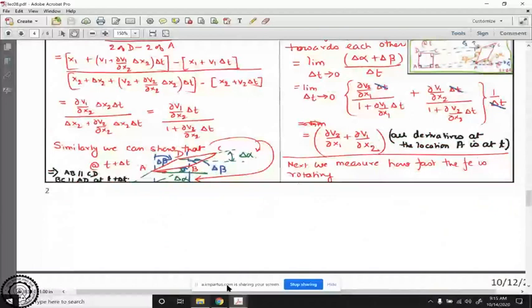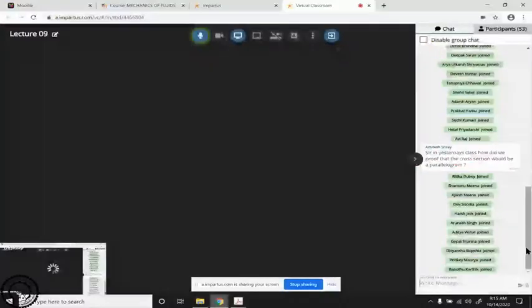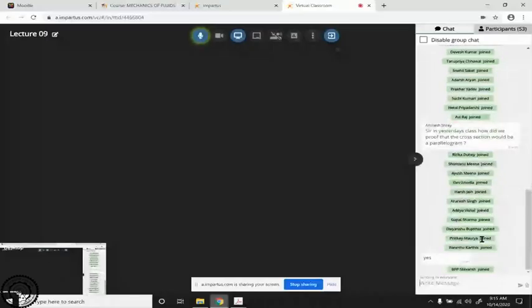And based on that, you can conclude that the distorted form is a parallelogram. Okay, so I did not show it, but that is what you can see. Have I answered your question? Yes. Okay.